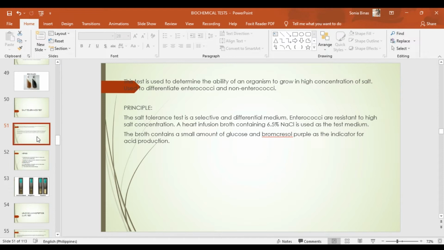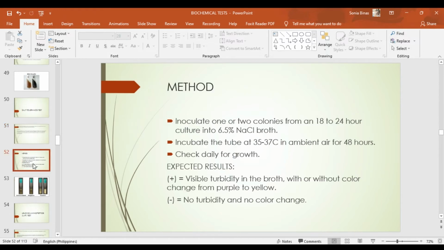So, the method for this test: we will inoculate 1 or 2 colonies of an 18 to 24-hour culture into 6.5% sodium chloride broth.